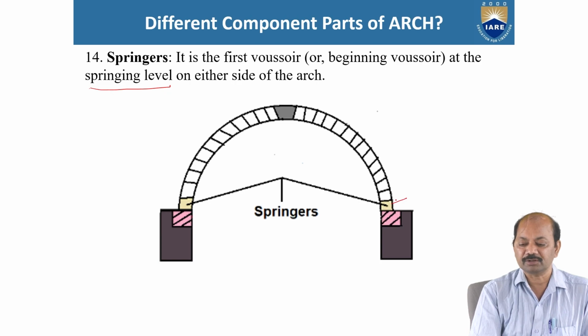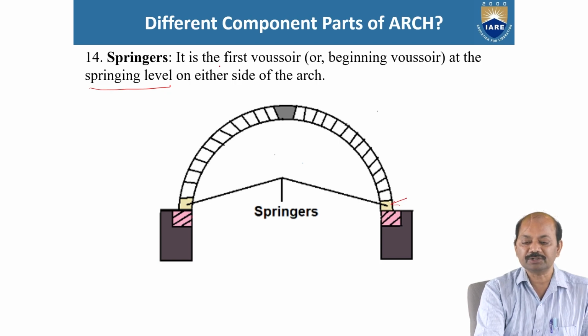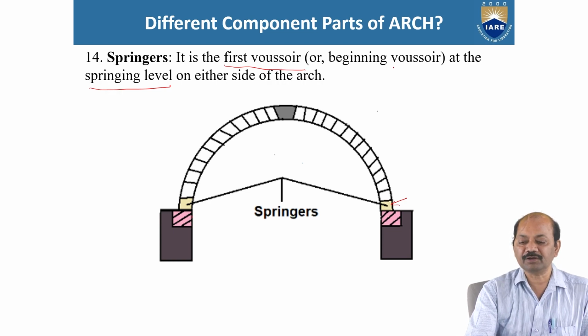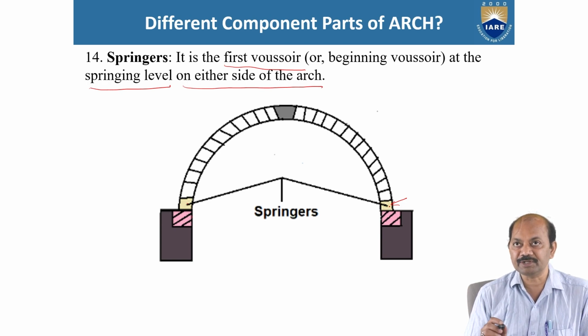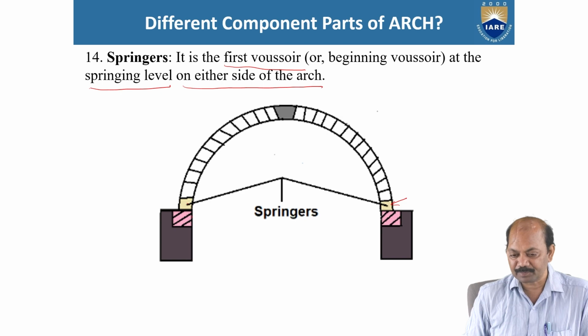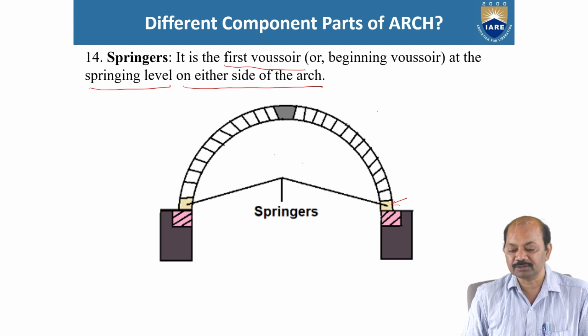This one. It is the first voussoir or beginning voussoir at the springing level on either side of the arch. Either side, here or here. These are called springers. Right?